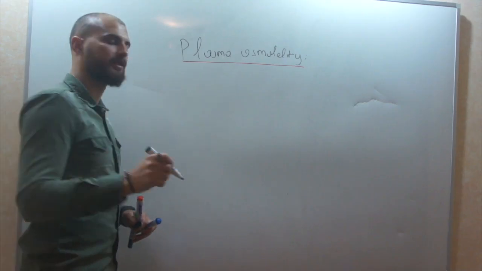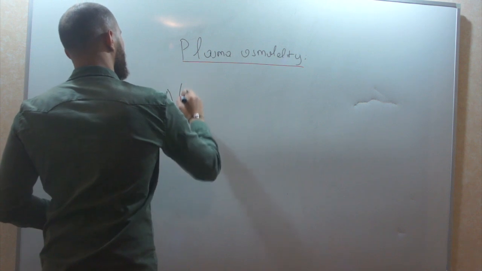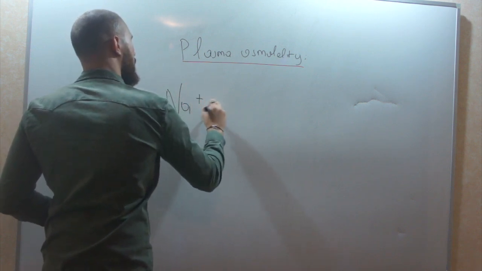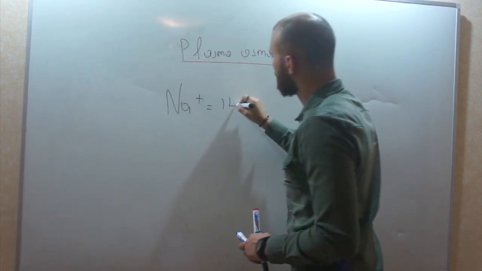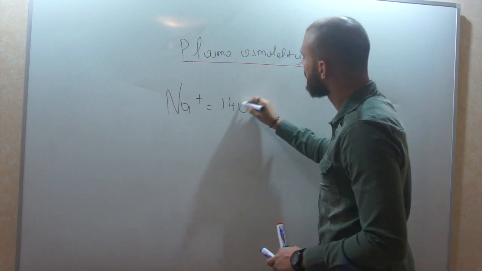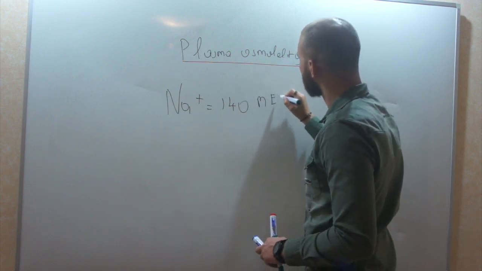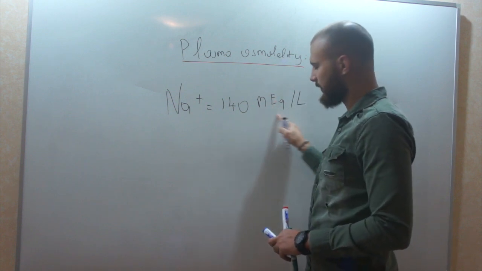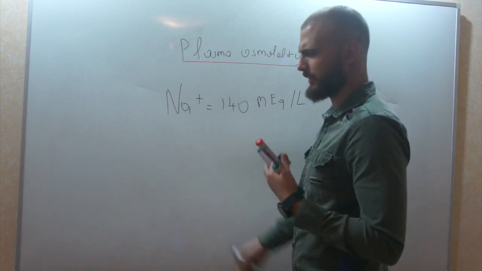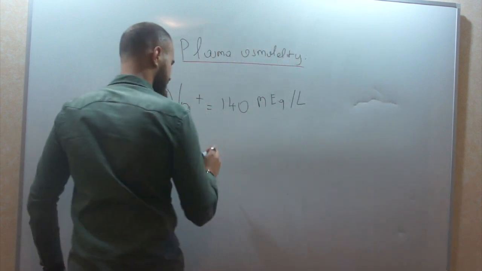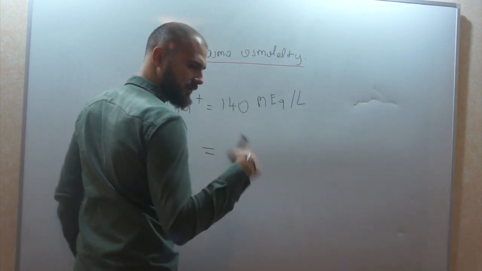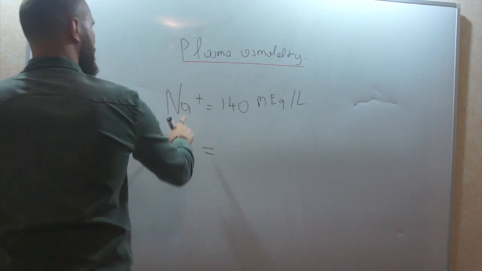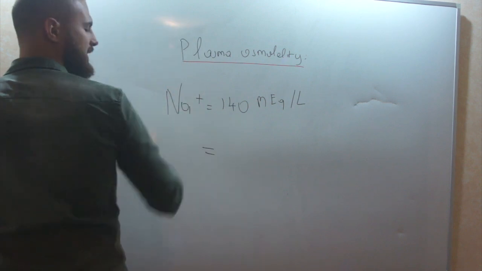So let's start with sodium. In the blood we have 140 milliequivalent per liter of sodium. I used milliequivalent on purpose, so we will use a lot of demonstrations, so you can understand what I talked about previously. It is a monovalent cation.